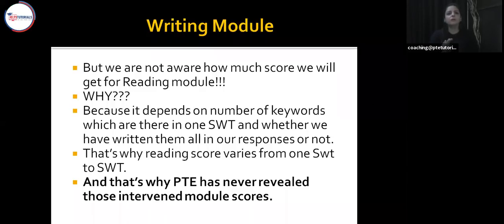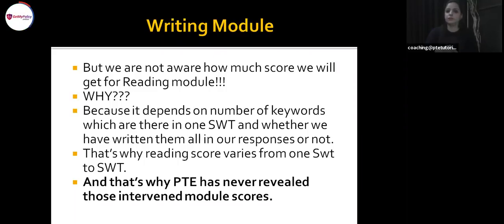Actually, the main problem is that there would have been, say, 200, 300 summarized written text paragraphs which we get in the PTE exam. I'm just taking an average. Suppose out of those 200 paragraphs, we people are not aware how many students will use how many keywords from one particular paragraph.